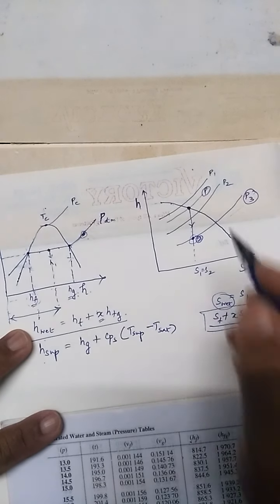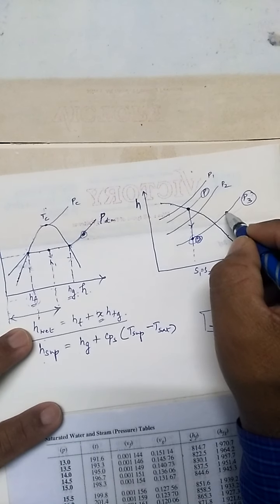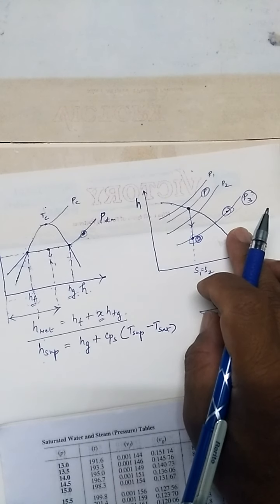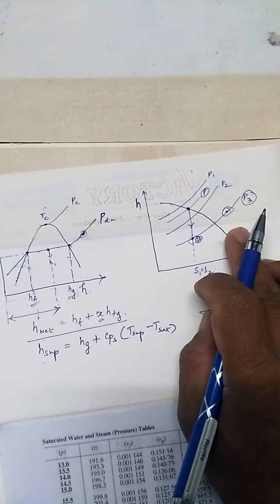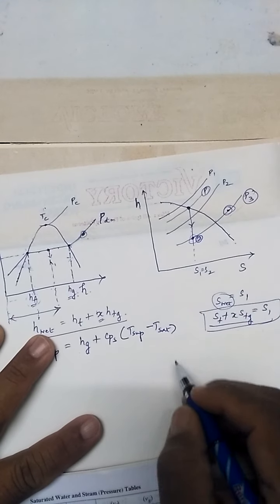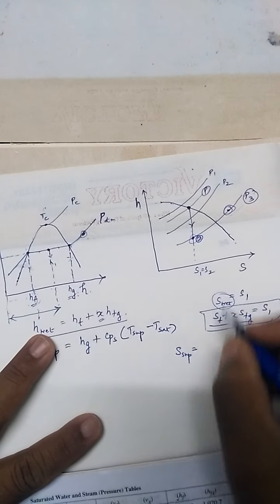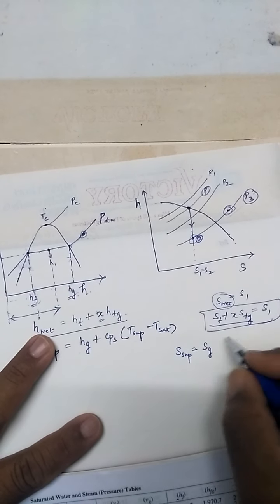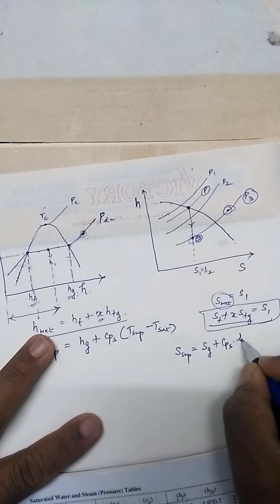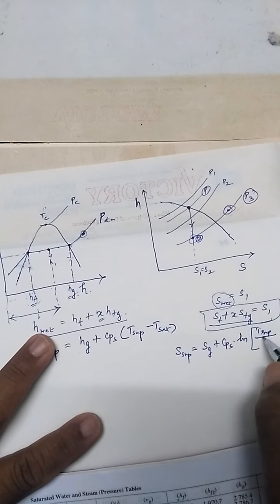What will be the entropy for a point in the superheated condition? For example, if I take a point in the superheated region, what will be the entropy for that point? Here s superheated will be got from sg plus the specific heat of steam Cps, then ln of T superheated divided by Ts.